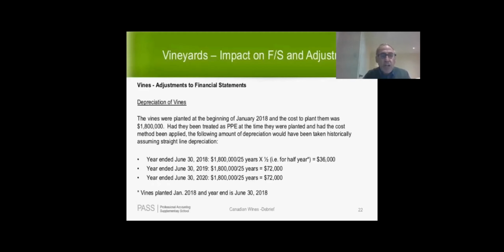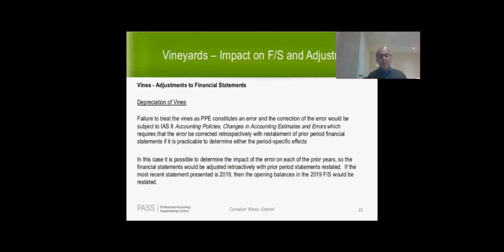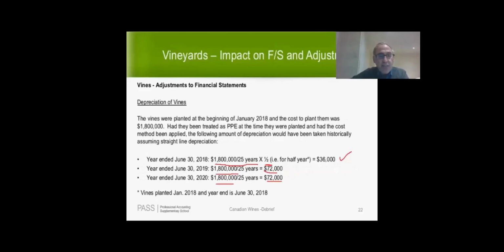So we would have had a depreciation of 1.8 million divided by 25 years times a half year, which is 36,000. For the next 2 years, it would have simply been 1.8 million divided by 25 years, which is $72,000 per year. So the fact that they did not take depreciation means that they failed to take $36,000 of depreciation in 2018, 72,000 in 2019, and 72,000 in 2020.